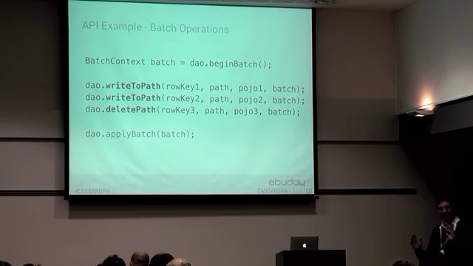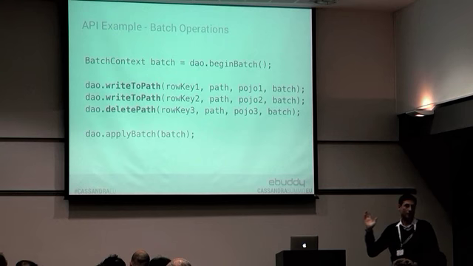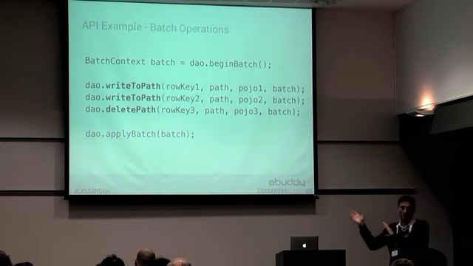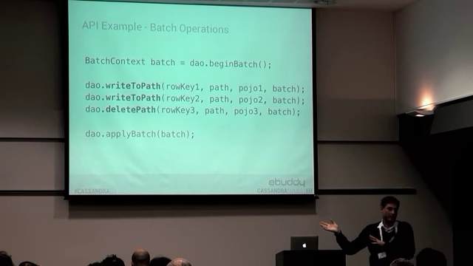There's actually a CQL implementation and a Thrift implementation in the library. So batch context is just an abstraction. So this code, you write to this API and it will work with either CQL or Thrift with no code changes.